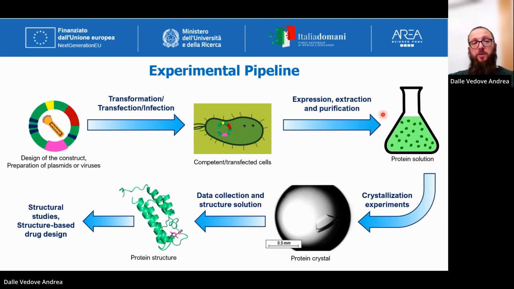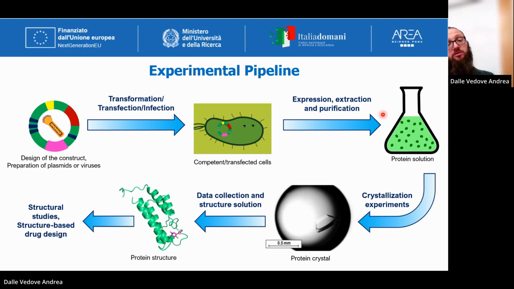I always like to start with this slide, that is the experimental pipeline that we need to do when we want to do any kind of structural biology experiment. As you see, even from this very schematic depiction, it is a quite long process to get to the pure protein and then to have crystals. You can have problems in more or less every step, so the work is kind of complicated.